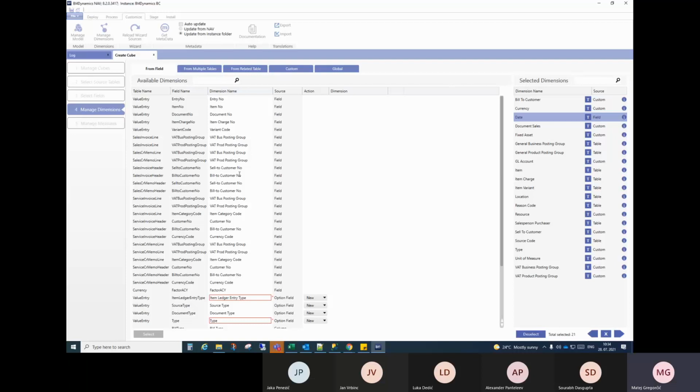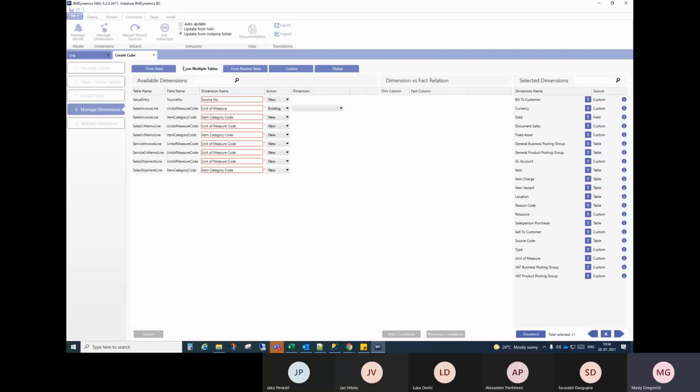Okay, good. Going forward. Now, there are other types of dimension, and when I say types of dimensions, our code generator is treating them a little bit differently. From multiple tables, you'll rarely see that. I think one example is in GL, otherwise, nothing much here.